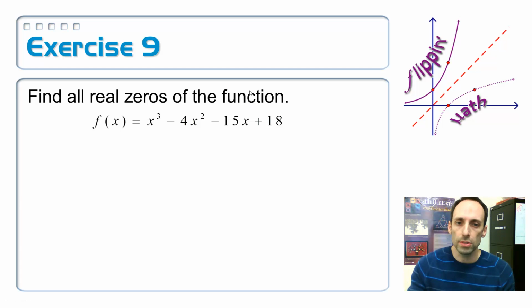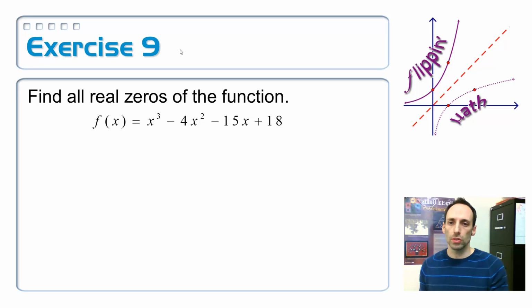So we're doing it from start to finish. We're going to come up with a list of possible rational zeros, and I'm just going to do this right up top here. Since the leading coefficient is 1, we know that all we're working with really is this 18, all the factors of 18.